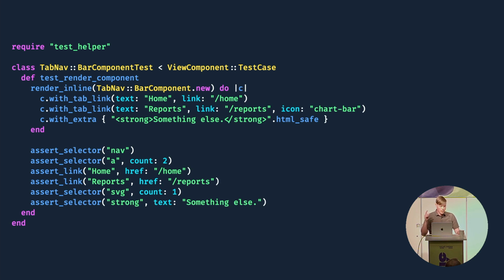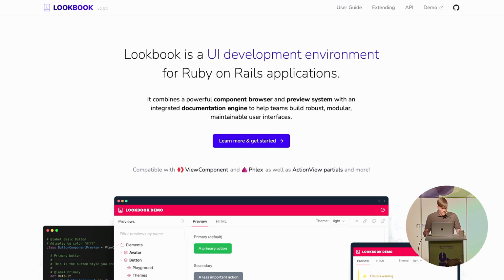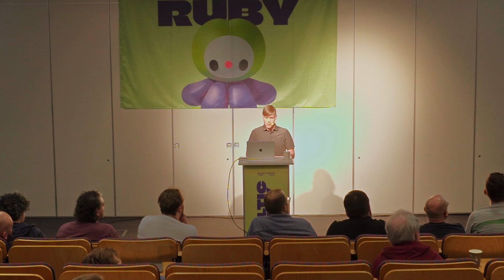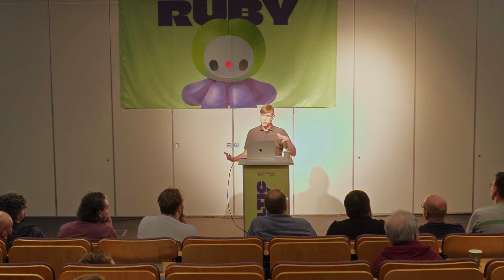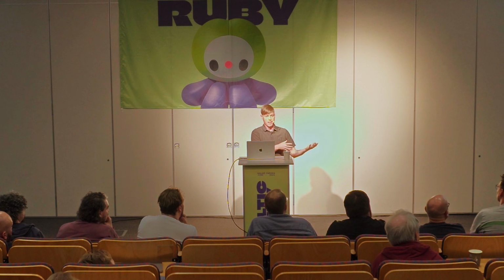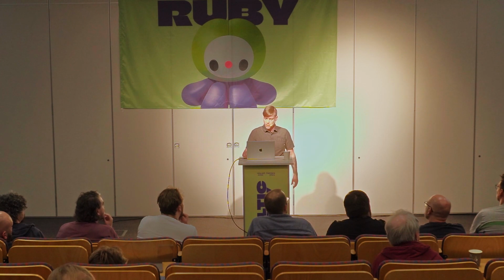They're not running through a request response here, like integration tests. Finally, I would use either view component previews, which are similar to mailer previews, or a tool like Lookbook to document your components and then close the loop with the design team. This allows you to sort of deliver back to them the thing that they started in terms of design.